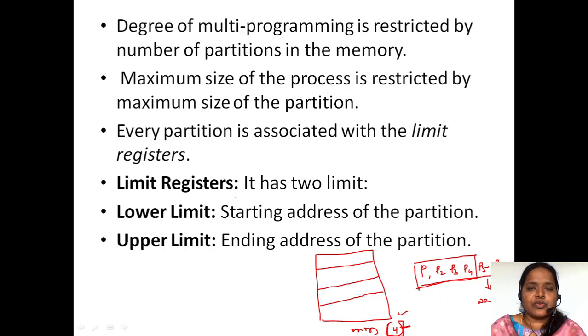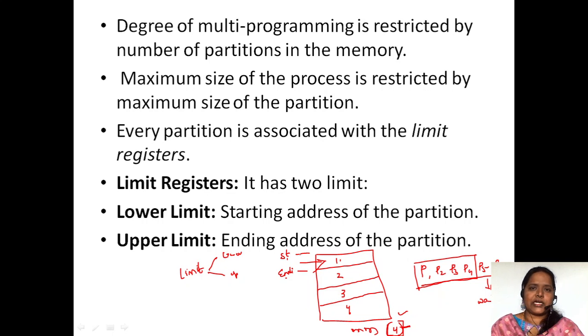Every partition is associated with a limit register. So the first partition, second, third and fourth partition each have one. This limit register is going to hold the lower limit and the upper limit, that is, the starting address and the ending address of that partition.